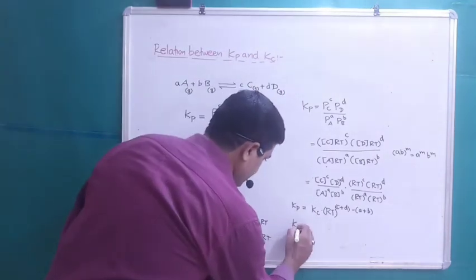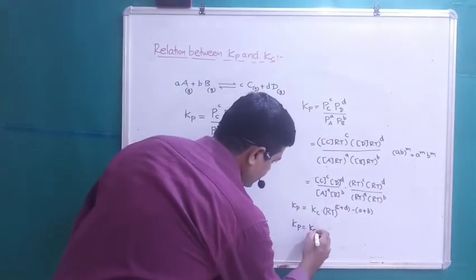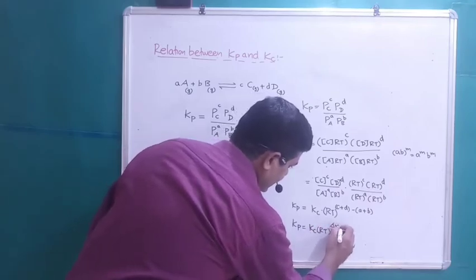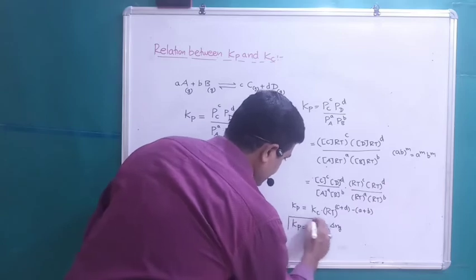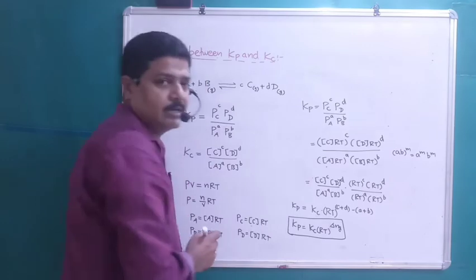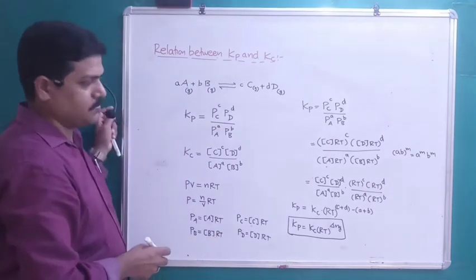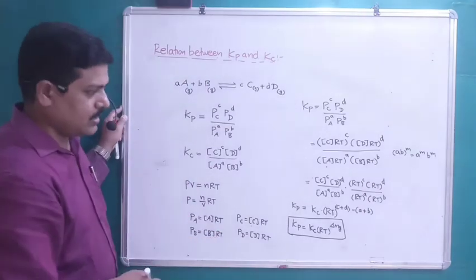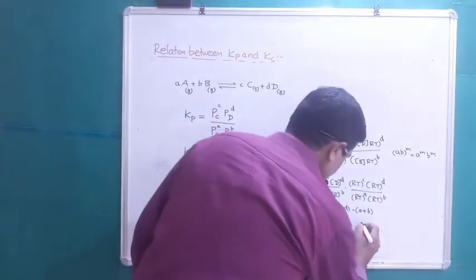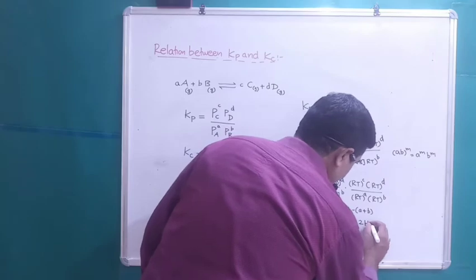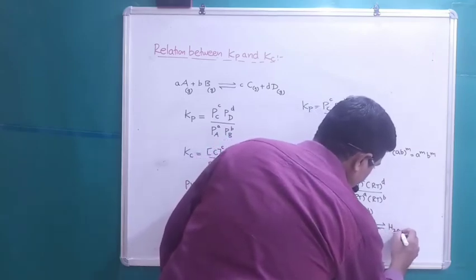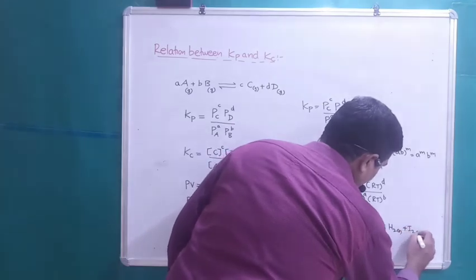So Kp is equal to Kc into (RT) power delta Ng, where delta Ng indicates the total number of moles of gaseous products minus the total number of moles of gaseous reactants, right? For example, take the reaction 2HI gives H2 gas plus I2 gas.